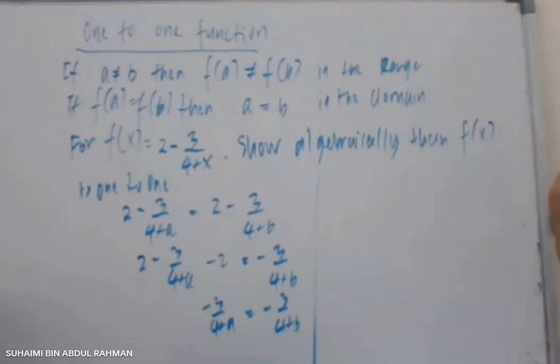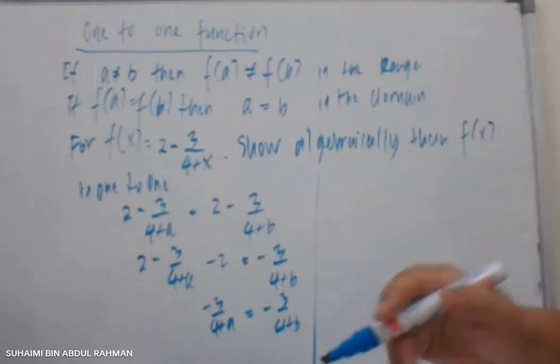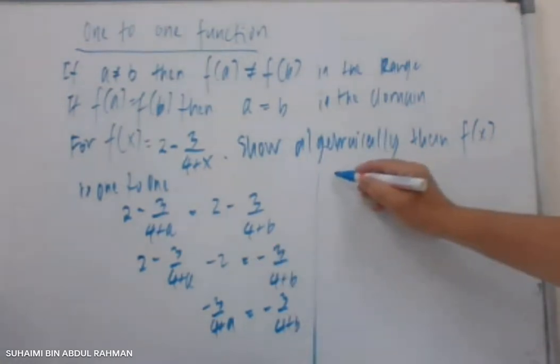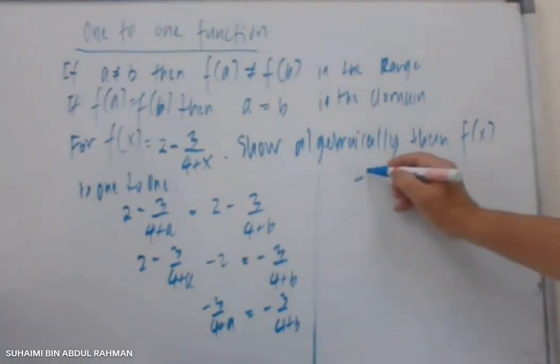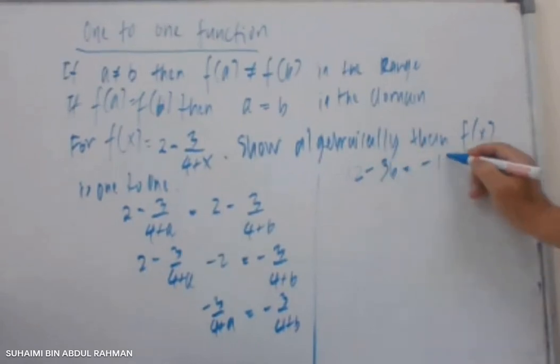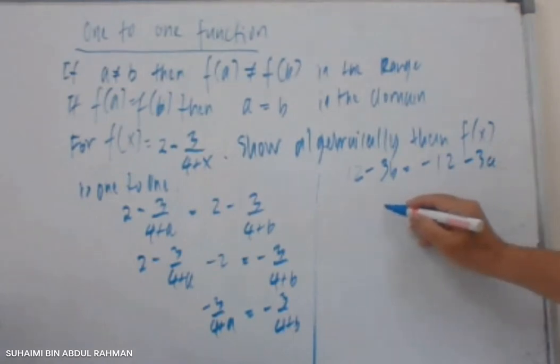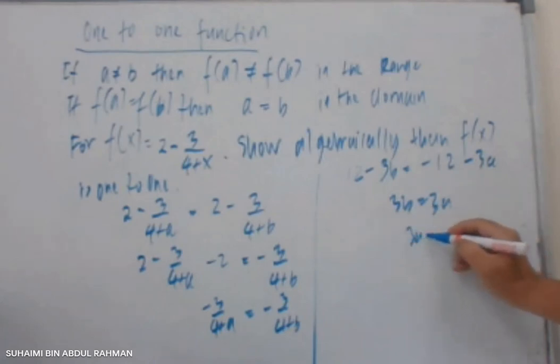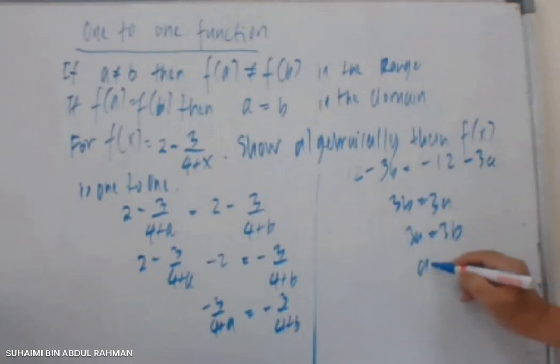Cross multiplication, we get minus 12 minus 3b equal to minus 12 minus 3a. So 3b equal to 3a, a equal to b.